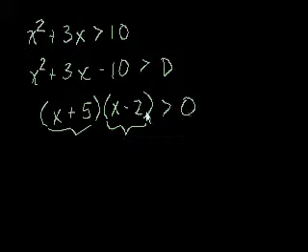So we know that either both of these expressions are the same sign, that they're both greater than 0, they're both positive, or we know that they're both negative, right?